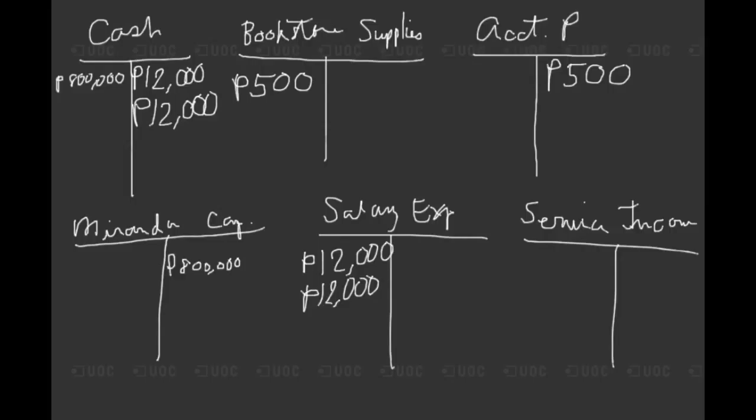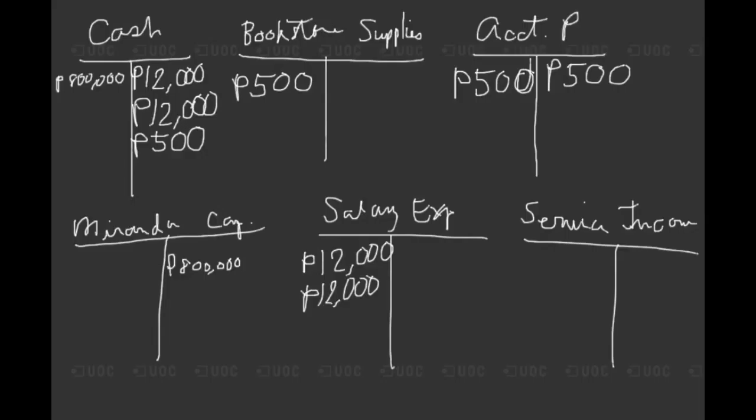On March 19th, Miranda paid his debt to Meneses. Now we put 500 on the debit side of accounts payable and 500 on cash credit, since we lost money, or Miranda lost money.